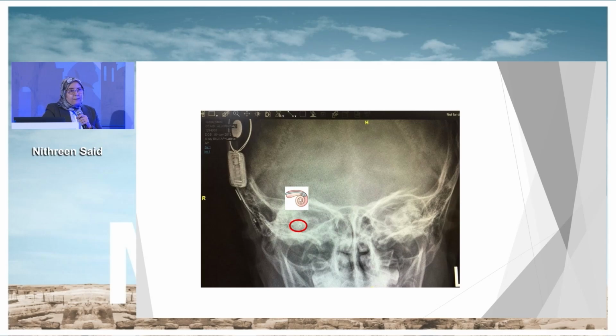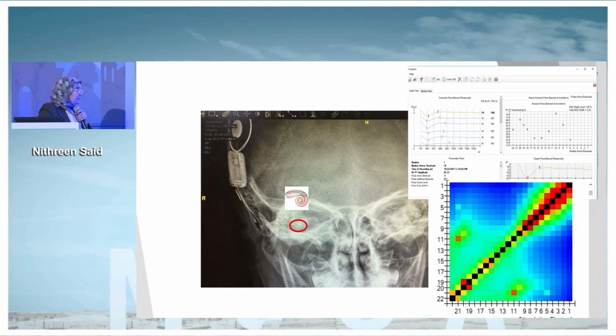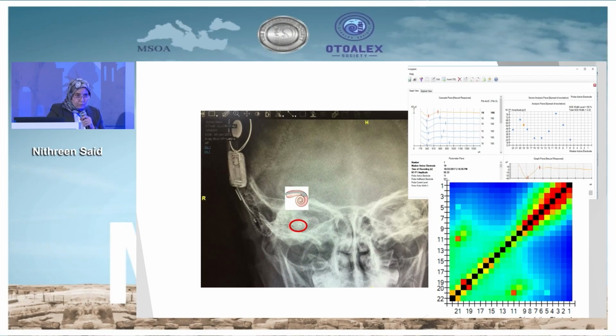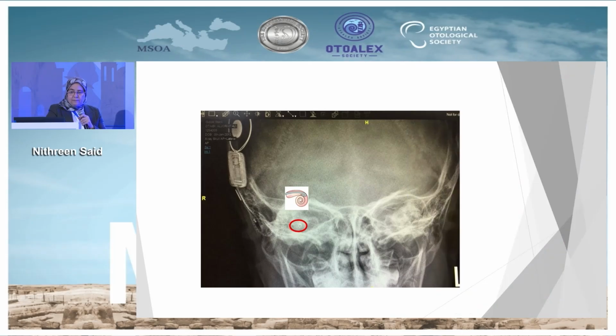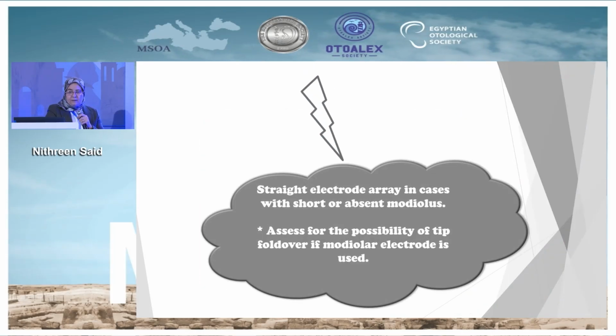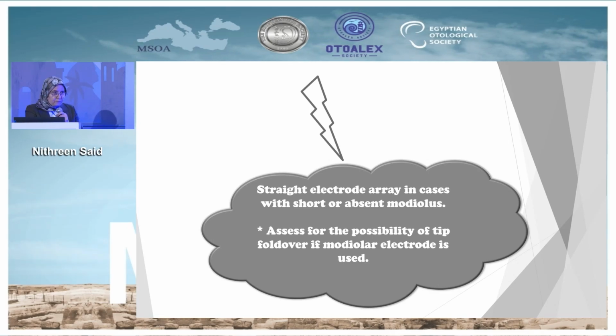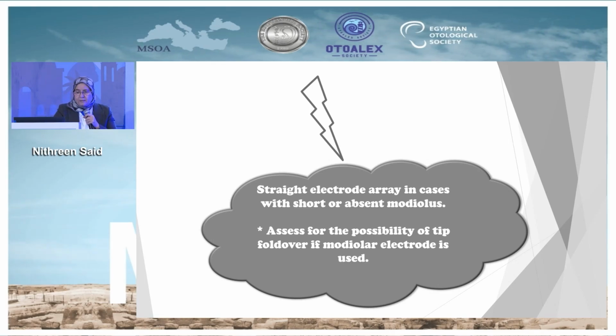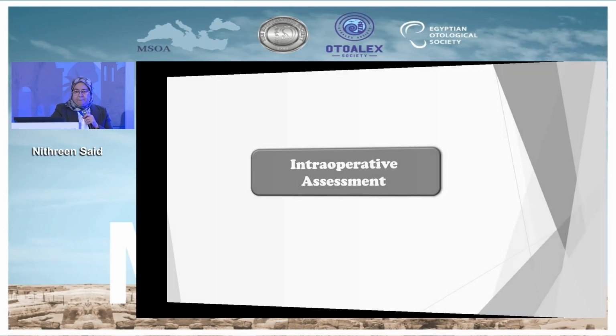We could have a problem of tip foldover. So this highlights the importance of intraoperative assessment. We have to do some testing to detect this problem, and it is preferable to do intraoperative X-ray. So straight electrodes are preferable, especially for patients with no modiolus, and also for patients with short modiolus, and intraoperative assessment is very critical for them.